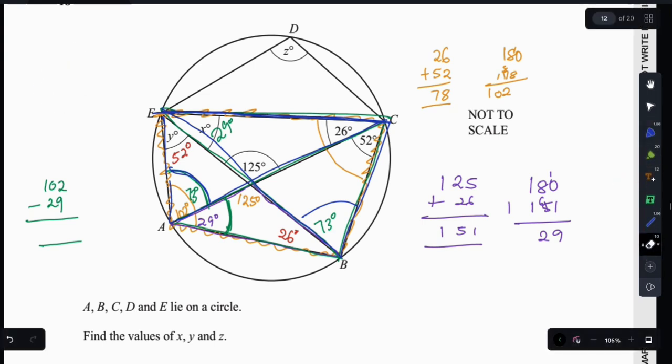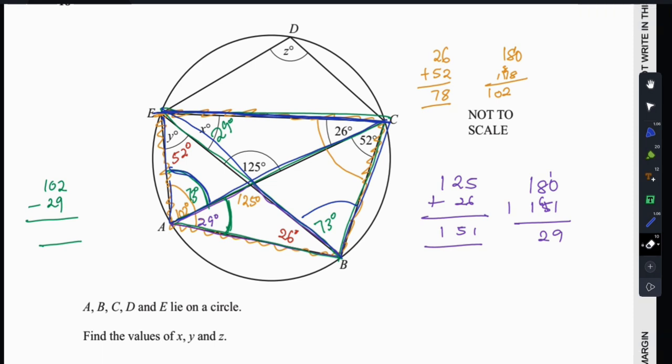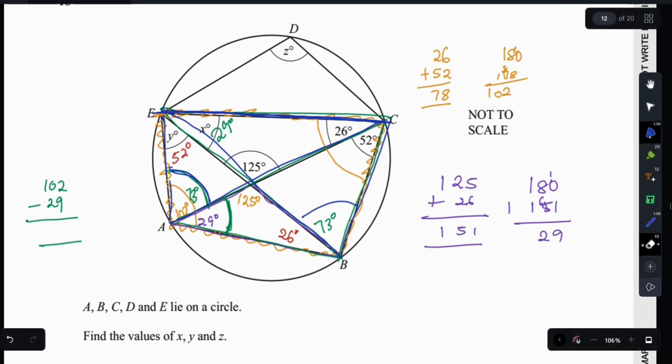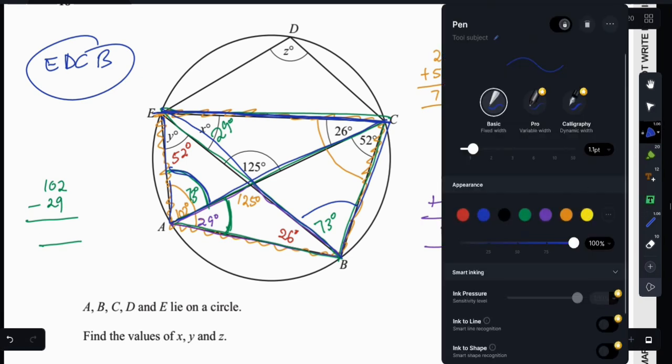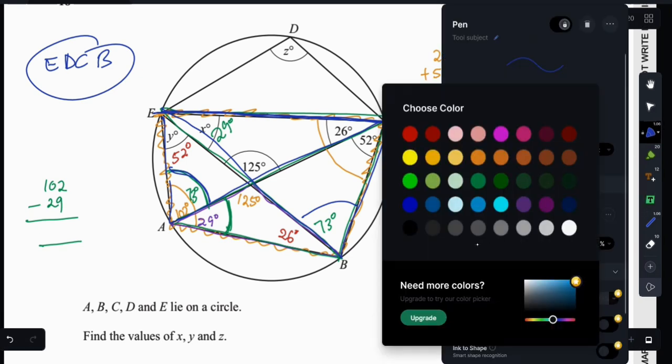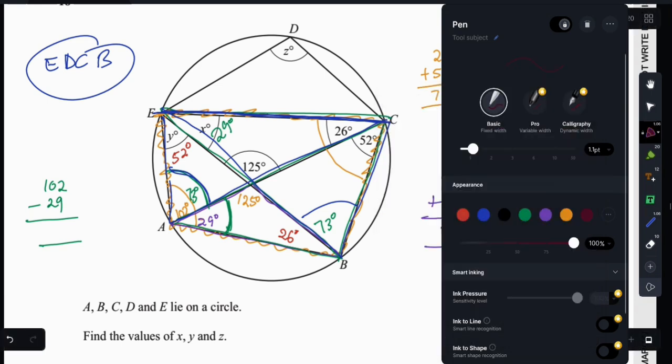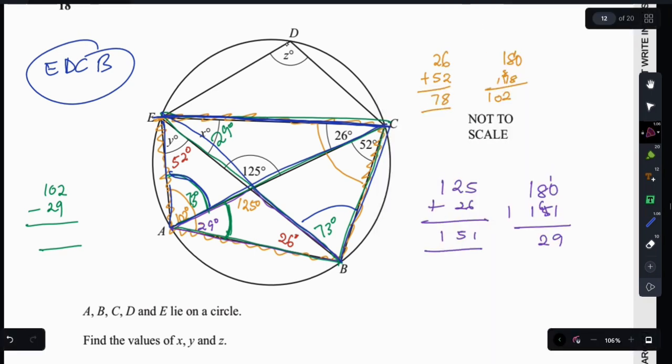And then there's another cyclic quadrilateral that can help us to find the value of Z. If you look at EDCB, that's a cyclic quad. Let me use another color, a unique one, so that things are not too clumsy.